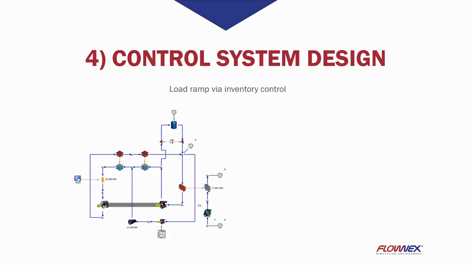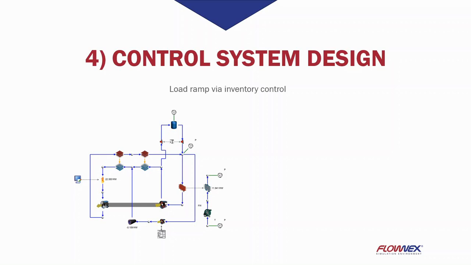Next, we will be looking at transient scenarios and how FlowNEX can be used to simulate and optimize control philosophies. FlowNEX includes a control library with the capability to model a complete DCS system alongside the thermal fluid system. This allows the engineer to evaluate detailed control system designs in a single software package.